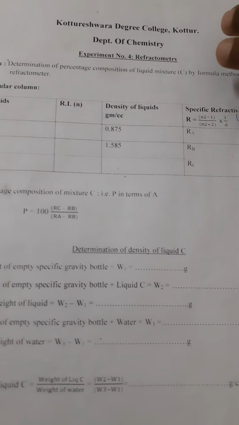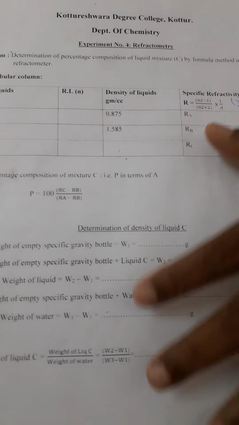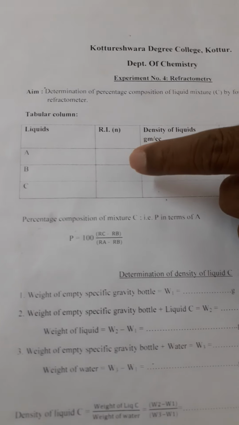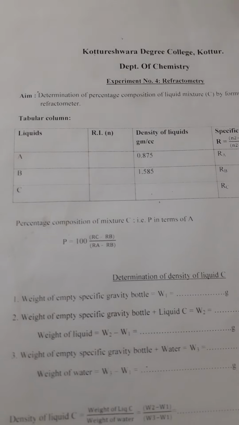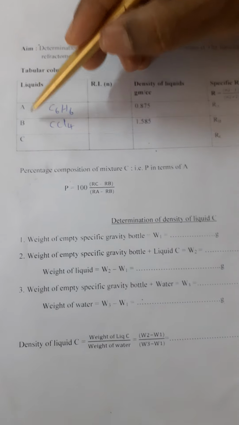So here we are given the liquids: A is pure benzene, and B is pure CCl4, carbon tetrachloride, whereas C is a mixture of A and B.